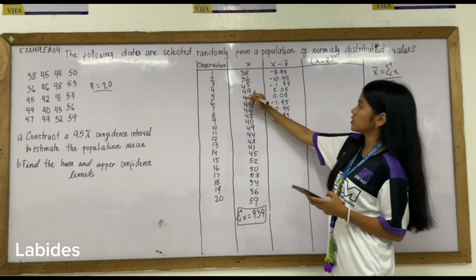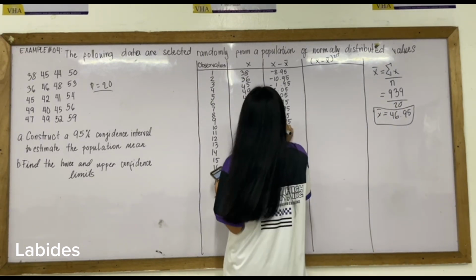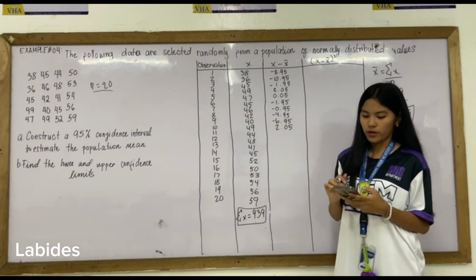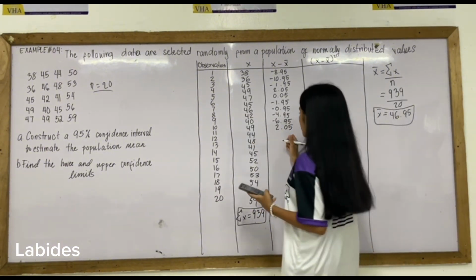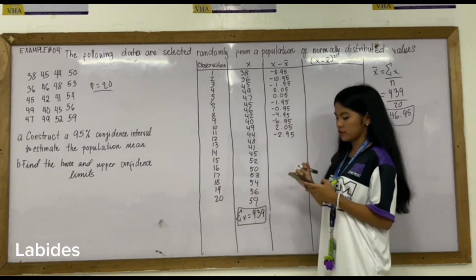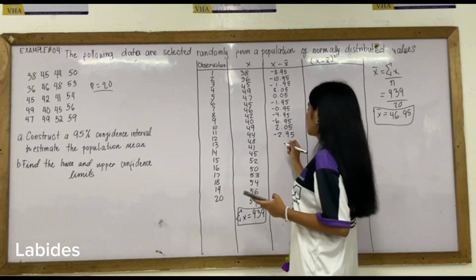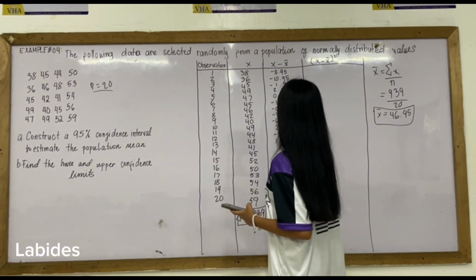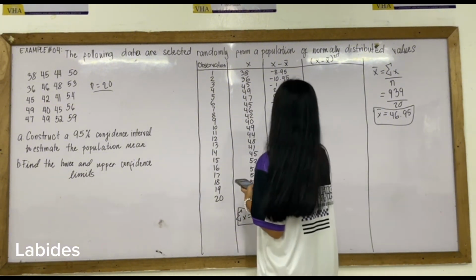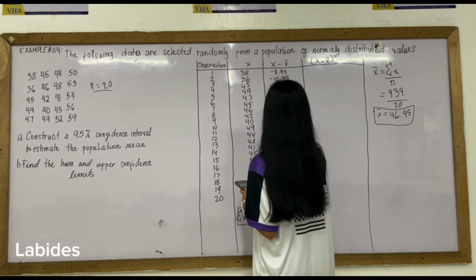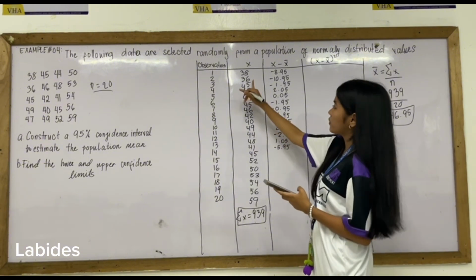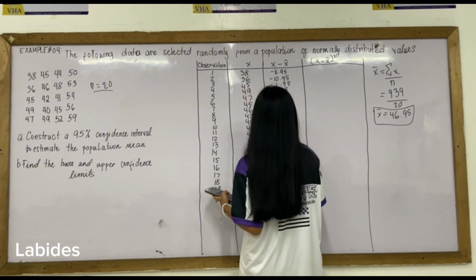We already have 49 here, so this is 2.05. And then 44. So negative 2.95. And then 48. So 1.05. Next is 41. So negative 5.95. Next 45. We already have 45.